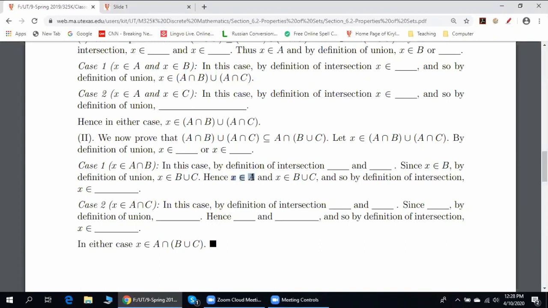X is from A and X is from B union C. And so by definition of intersection, X is from this. And we are completely done.